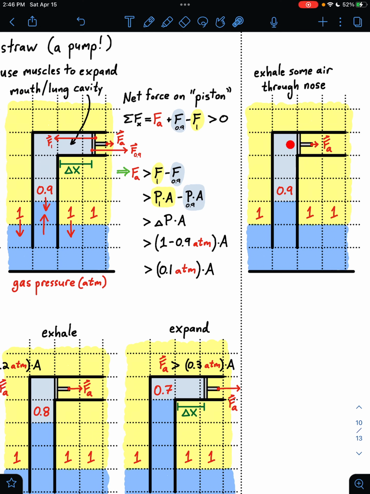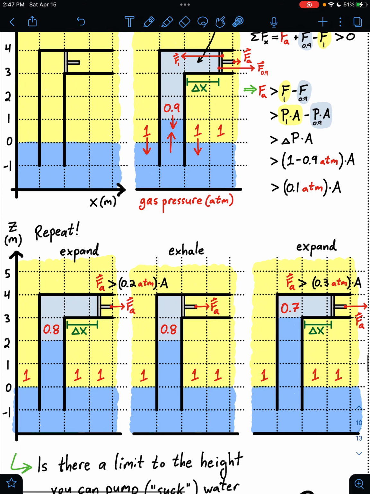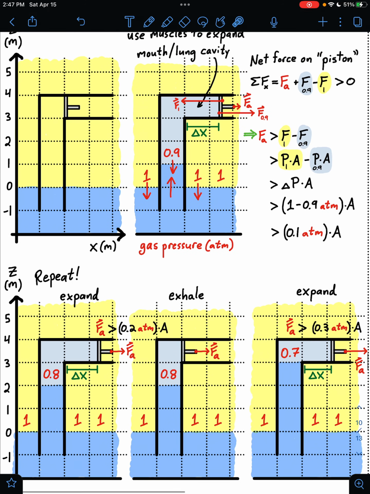So now there's less air trapped in the straw, mouth, lung cavity, but we've maintained that lower air pressure of 0.9 atmospheres on the inside. And we're ready to breathe in again, expand this space once again, doing work on that gas again to raise up the water a little higher. So we repeat our cycle here.